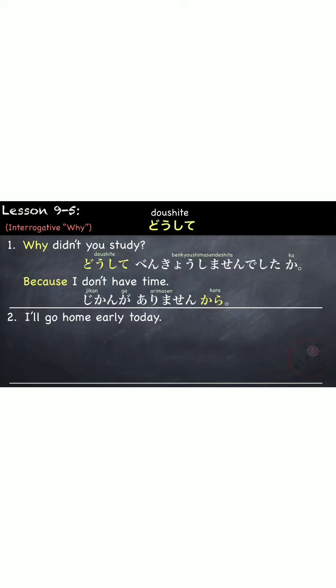You can also use どうして to ask a question about what the other person said. So if someone says, I'll go home early today, which is 今日早く帰ります。今日 today, 早く early, 帰ります to go home. 今日早く帰ります。So you can ask the reason why, which is どうしてですか or why is that? どうして早く帰りますか or in short, どうしてですか.